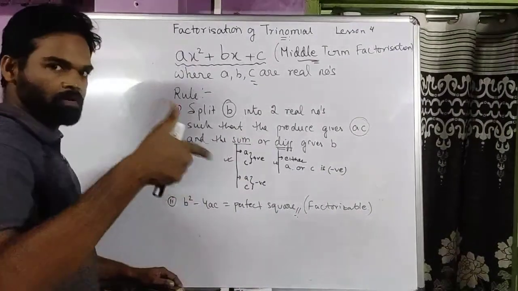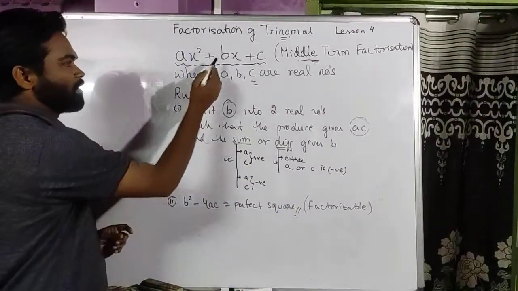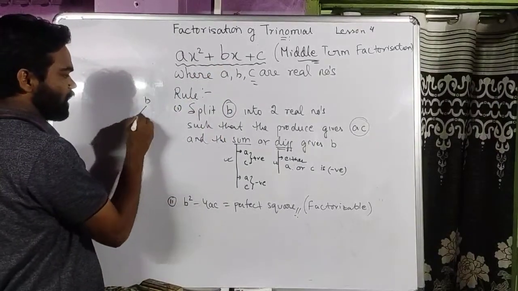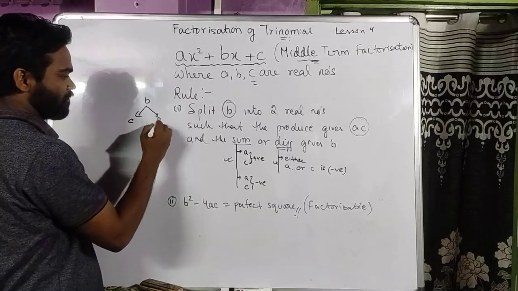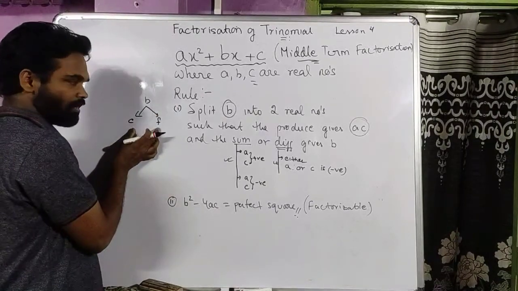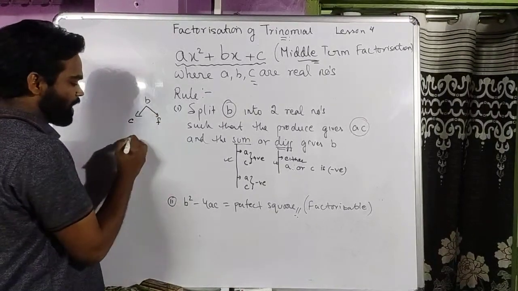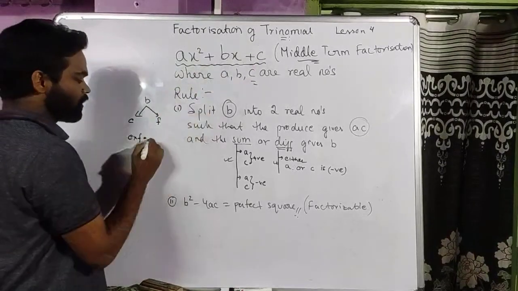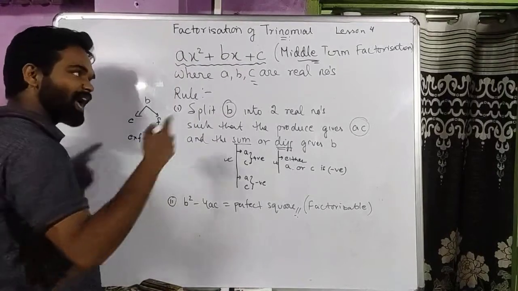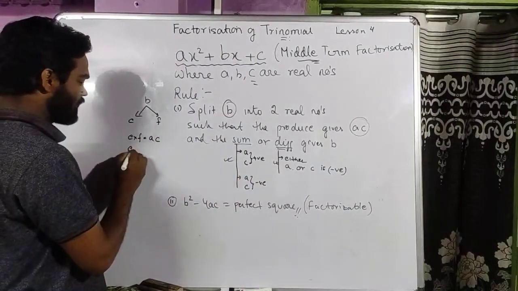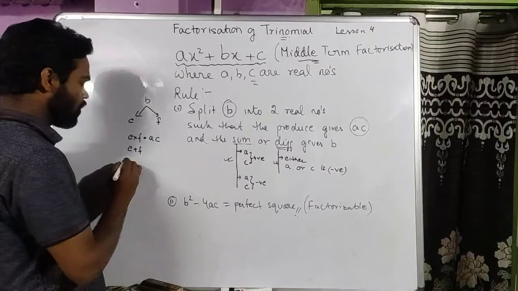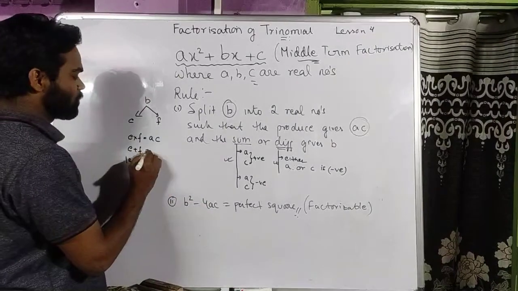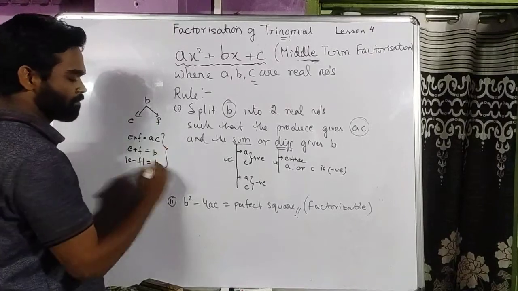Very simple. Two things we need to remember. We need to split b into two real numbers, suppose e and f, in such a way that when you multiply e and f, the product should be equal to the product of a and c, and either the sum of e and f or the difference of e and f should be equal to b.